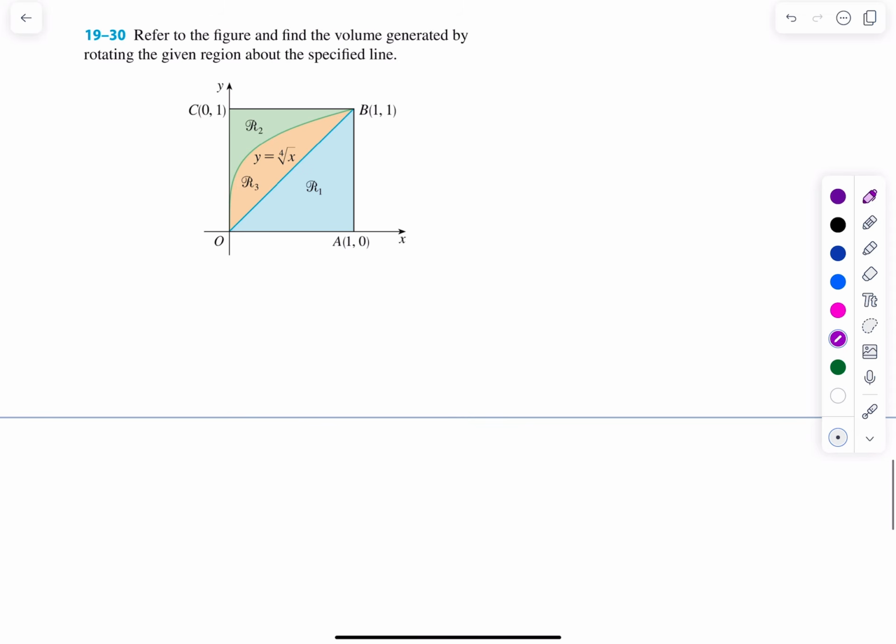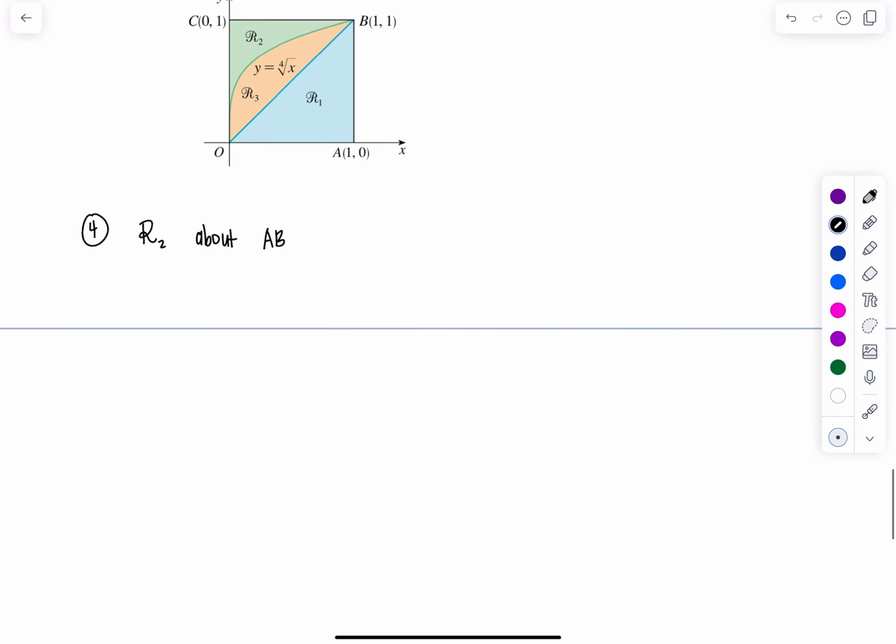So for example 4, I would like for you to take region 2 and spin it about AB. So we're spinning it this time around x equals 1, region 2. Okay, I'm going to draw everything down here. Everything's going to stay in quadrant 1, right?